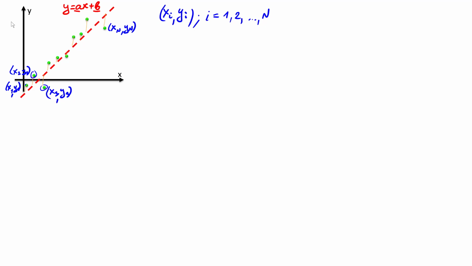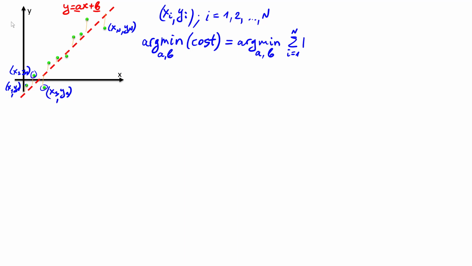We want to find the argument minimum over all of the possible a and b of some given cost function. And we will define it the following way: sigma from 1 to n, which means over all of the points, of absolute distances.